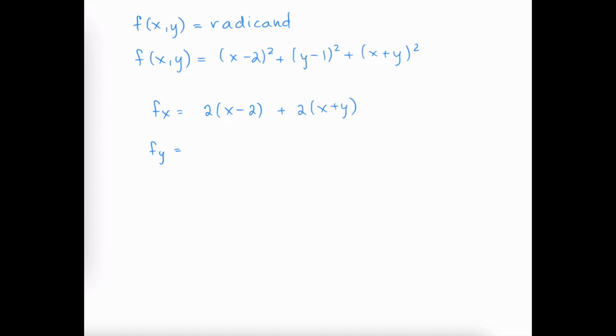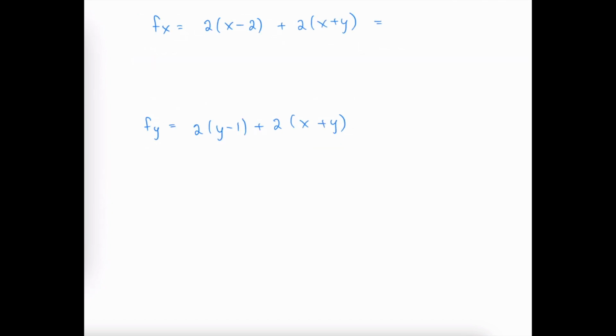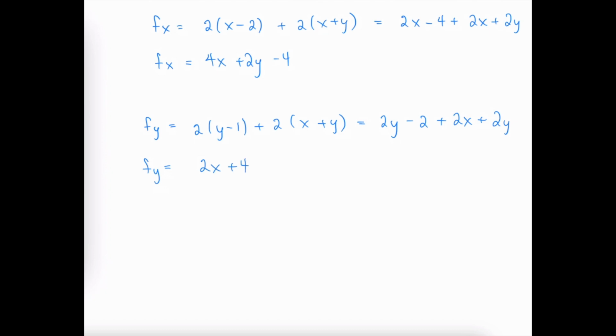First partial with respect to y, this derivative goes to 0 and we'll end up with 2 times (y - 1) plus 2 times (x + y) again. Let's distribute and combine like terms. To get the first partial with respect to x is 4x + 2y - 4. And again, distribute and combine like terms here to get 2x + 4y - 2.